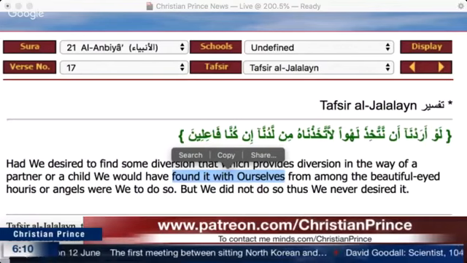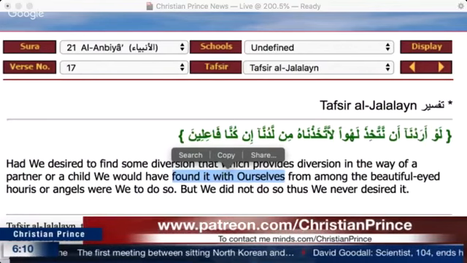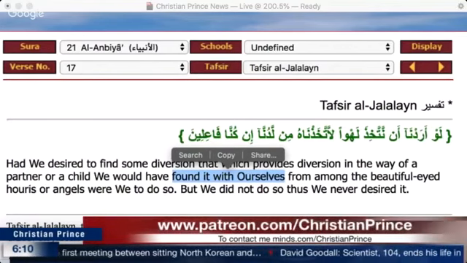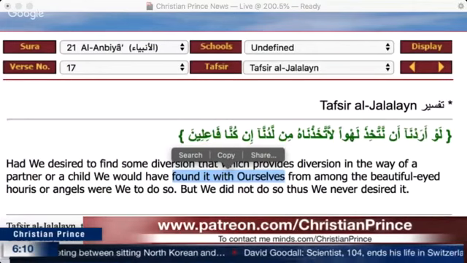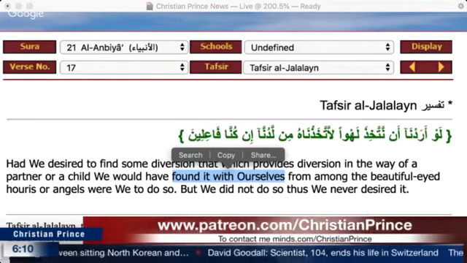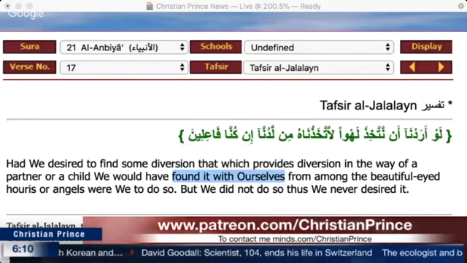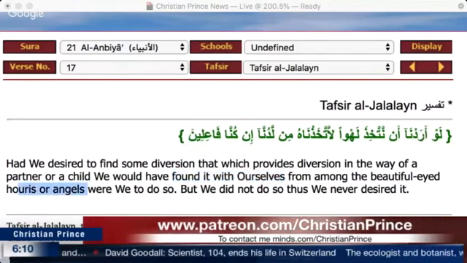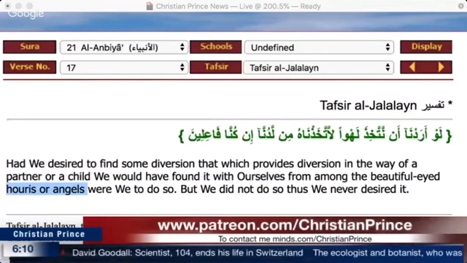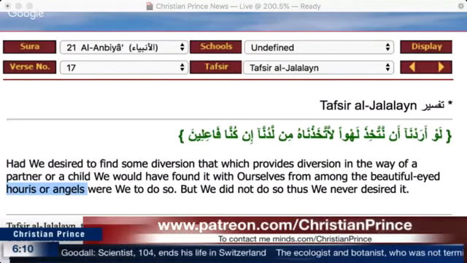This is what ladunna means. So here Allah is saying, if you want to take a partner, and he is counting two kinds of creatures: female women who are created only for heaven, those are not for the earth, and angels. If you notice with me here, both of them share one thing: they are from heaven.